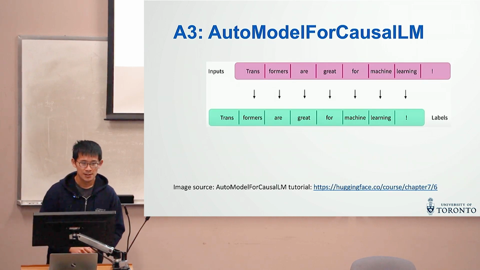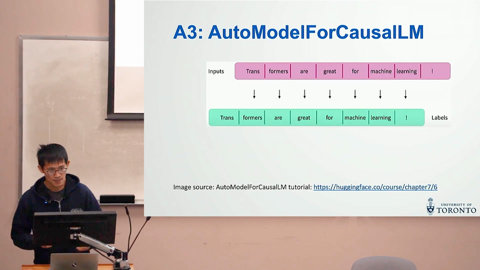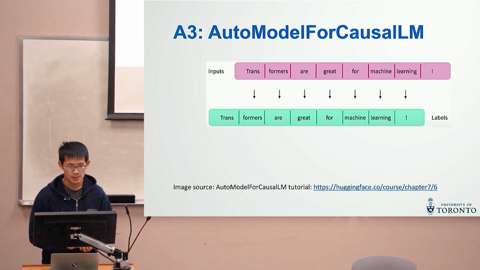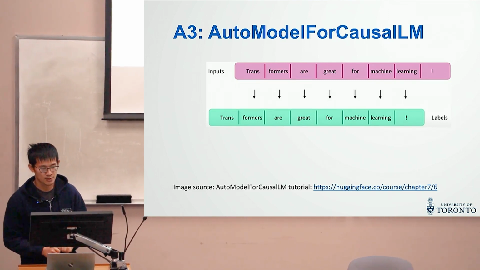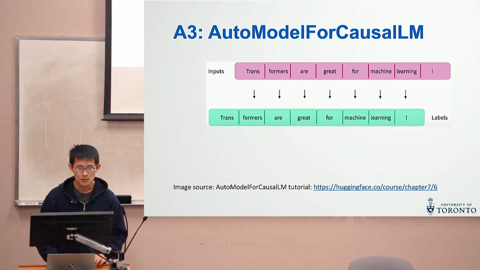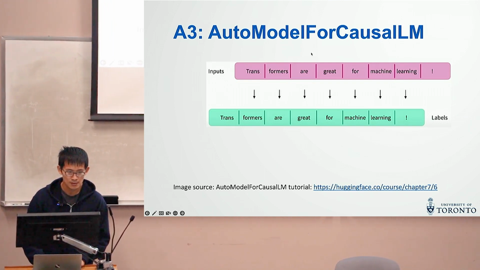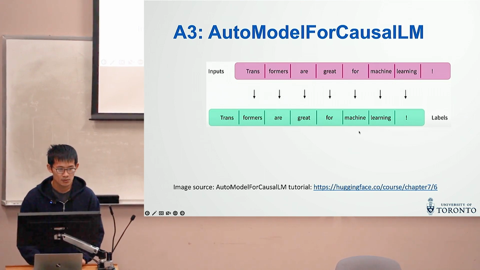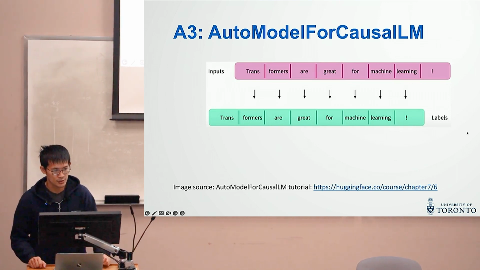This picture shows a more detailed elaboration of what we mean by the auto model for causal language model predicting the next word. We can see that the first row, the purple sentence, is the input, and the green row is the labels that the model predicts.